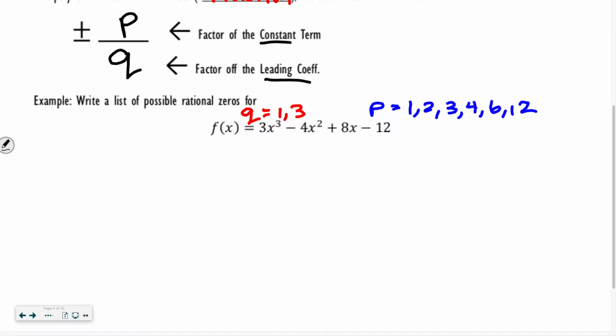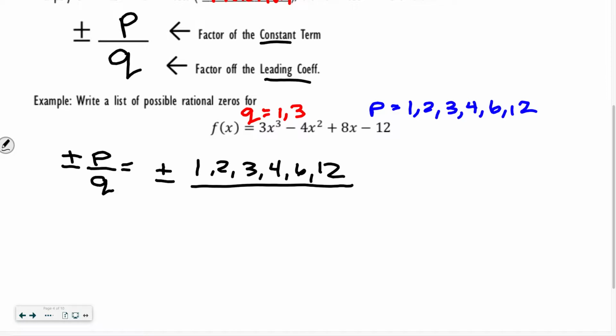Okay, so to make the list of possible rational zeros, we're going to make the list of plus or minus P over Q. I'm going to do more work than I usually do right here. I'm going to take all the P's, 1, 2, 3, 4, 6, and 12. I'm going to put them over all the Q's, 1 and 3.